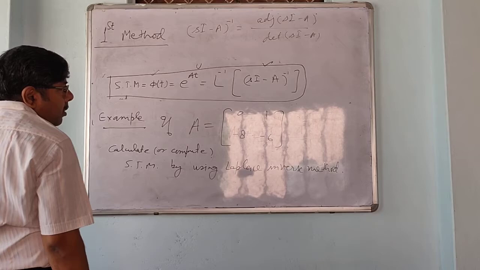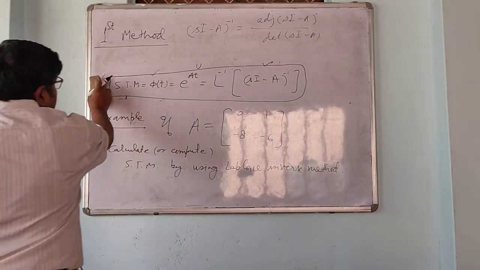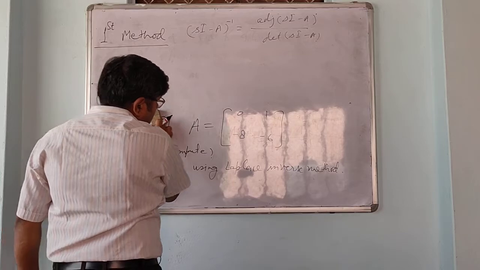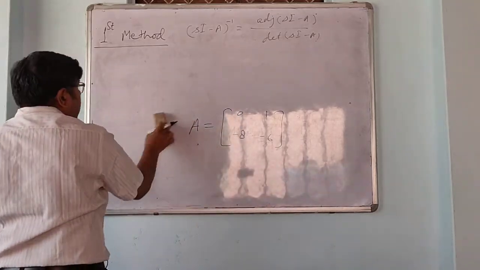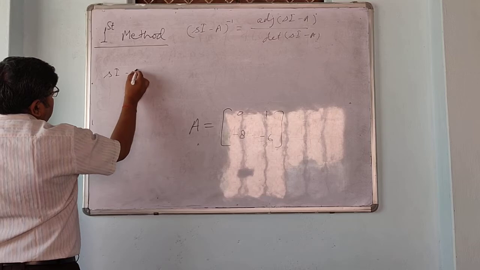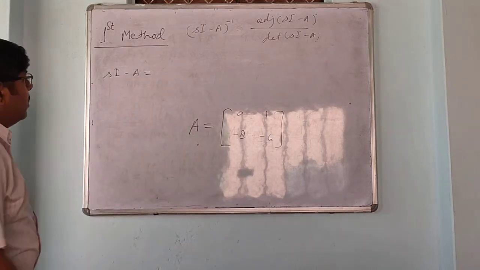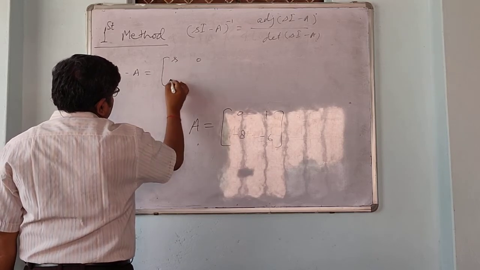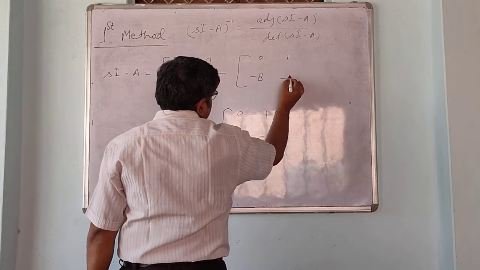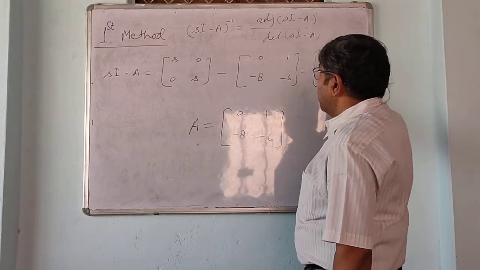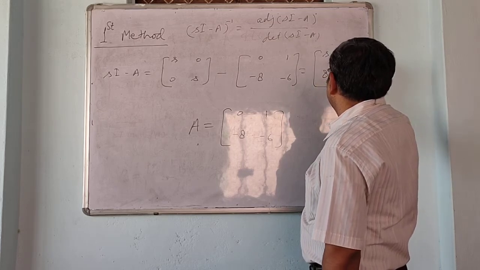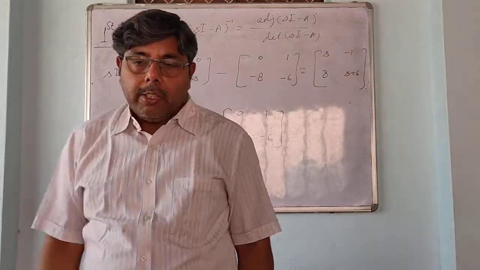So first calculate this matrix sI minus A. This matrix is the difference of two matrices: s times the identity, minus the matrix 0, 1, minus 8, minus 6, that is A. This gives s, minus 1, 8 and s plus 6. After that we will calculate the inverse.